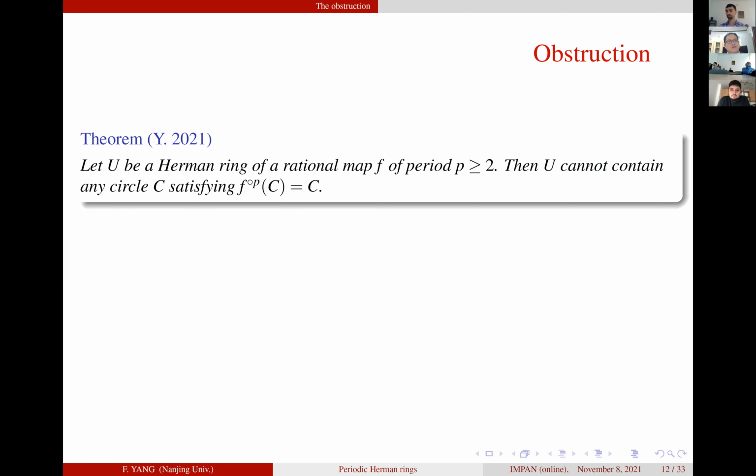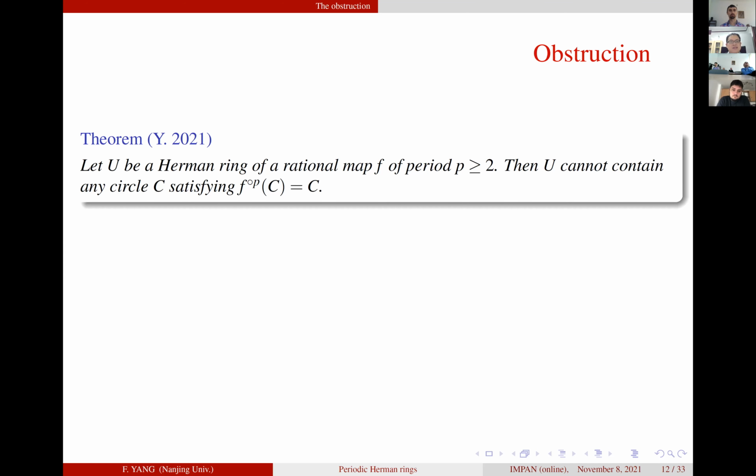The first one is, we can show if a rational map has a Herman ring of period at least 2, then this Herman ring cannot contain any circle C satisfying f^p(C) = C. That means if a Herman ring has period 2 or more, then this Herman ring cannot contain the periodic circles.